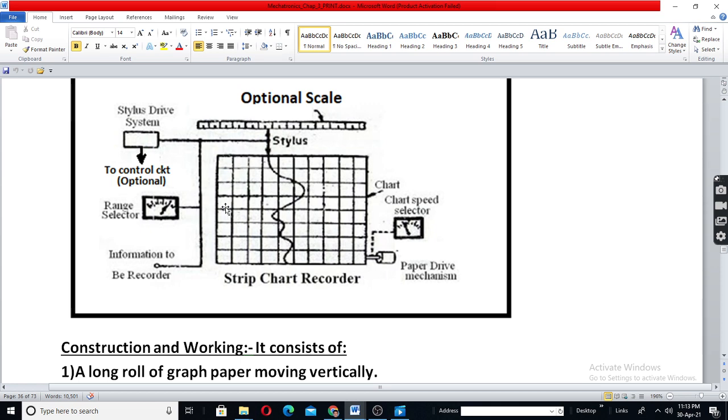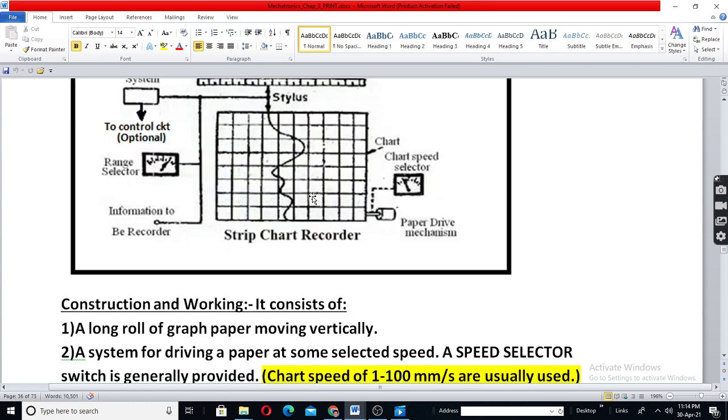Sometimes the paper will be a sensitive one and the pen will be a heated one. So it will create a mark on thermal sensitive paper. There will be no ink, but wherever the heated pen touches, the color of the paper will change, meaning it will become gray or black. So you can have a record of the data.